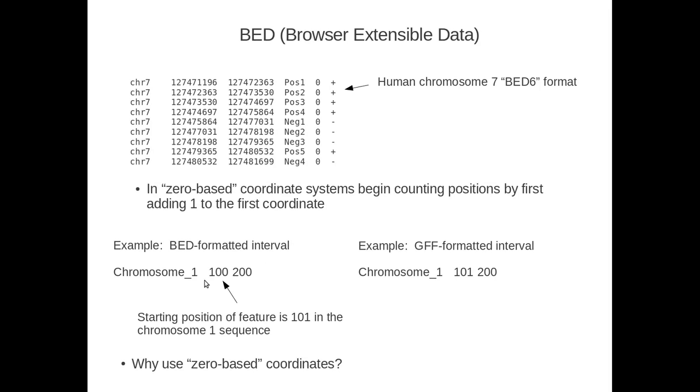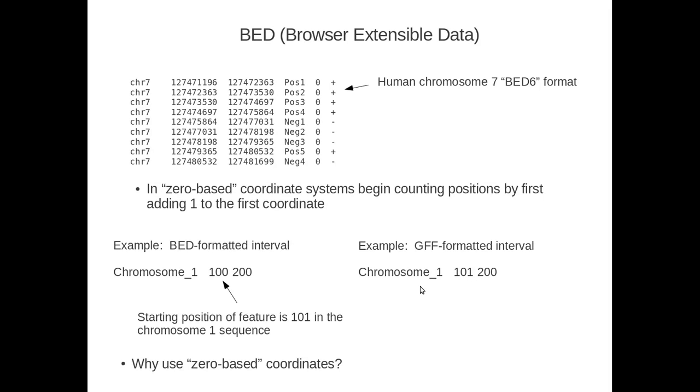So this is a zero-based start coordinate system, but a one-based end coordinate system. So notice here that GFF is essentially the numbers that we're used to working with. When I refer to position 101, I mean count up 101 positions from the beginning of a sequence, and that's the position I mean. And 200 likewise. So just again, BED format, zero-based begin, one-based end. GFF is one-based begin, one-based end.